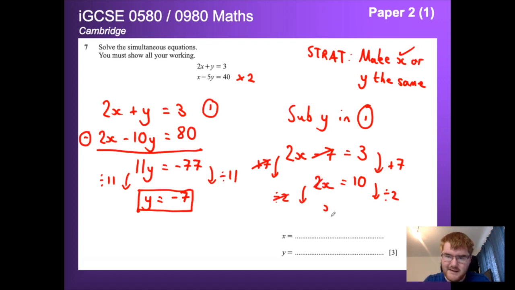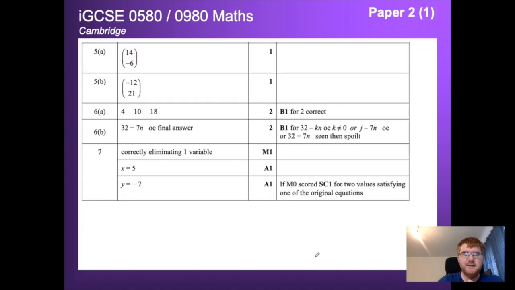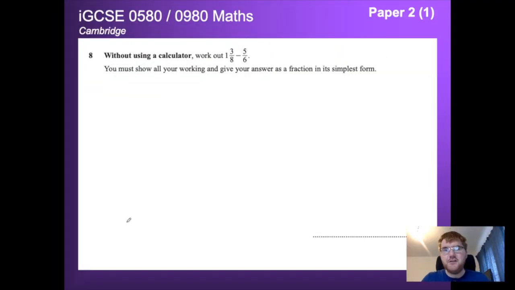That's cool. I get x. And then 10 divided by 2 is equal to 5. So we get our final answers of x is equal to 5, and y, don't forget, is equal to minus 7, like so. Again, please do check your answers, so check what I've done and make sure it makes sense to you.